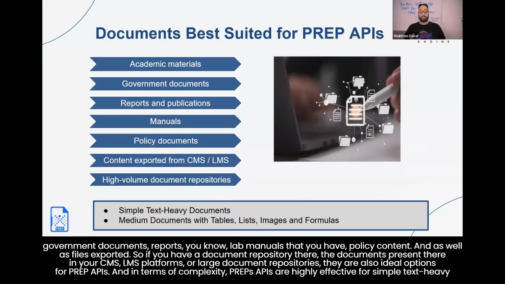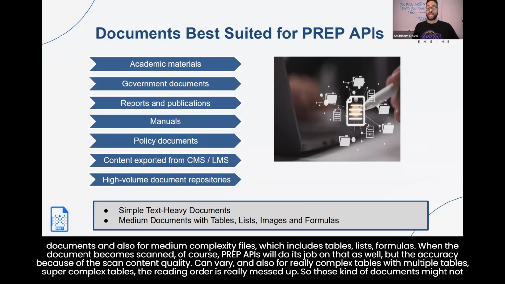In terms of complexity, Prep APIs are highly effective for simple text-heavy documents and also for medium complexity files, which include tables, lists, formulas. When the document is scanned, of course, Prep APIs will do their job on that as well, but the accuracy can vary because of the scanned content quality.